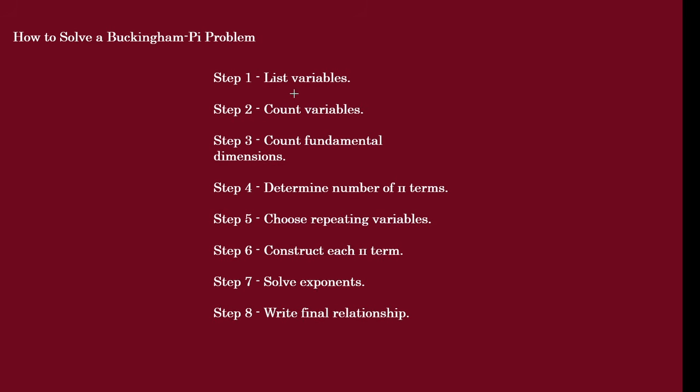So lastly, let's look at the steps we need to take when solving a Buckingham Pi problem. Okay, the first step is to list the variables. So remember our imaginary example problem. F of q is a function of rho, v, a, d, sigma.